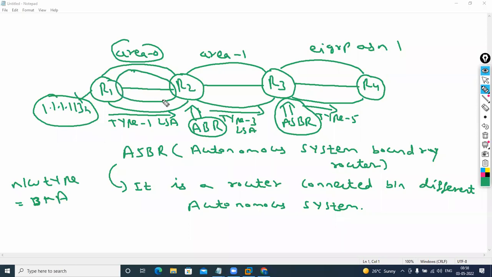So per network segment, it will elect a DR and a BDR. That means we have two DRs and two BDRs here. Please make a note of this in case anybody asks in an interview: if the network type is BMA, then every network segment will have a DR and a BDR.